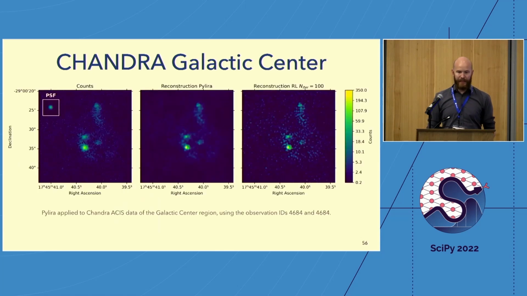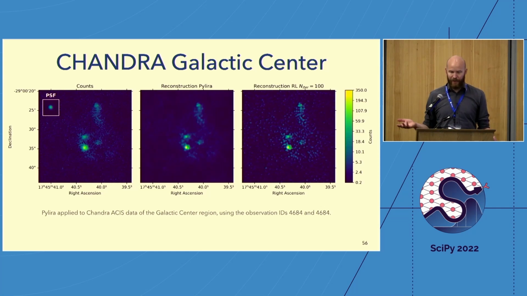One example for this is the Galactic Center region. So this is real Chandra data from the Galactic Center. In the upper left, you can see the size of the PSF. The actual counts data are shown on the left. And then in the center, you can see the reconstruction from the Pylira algorithm.